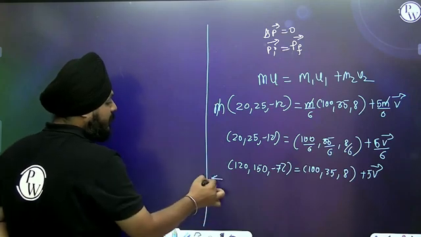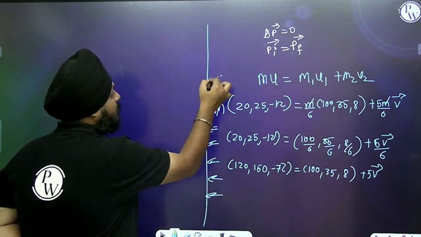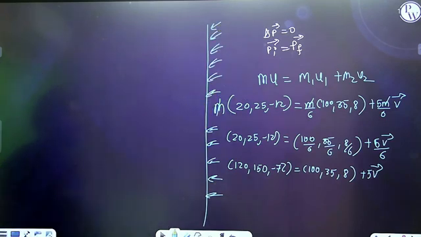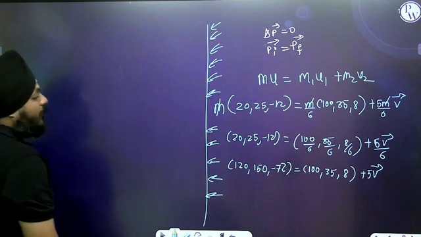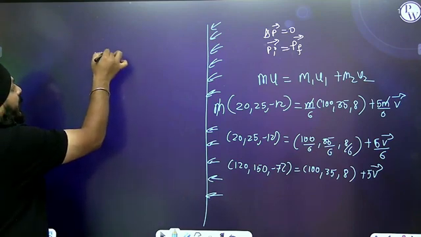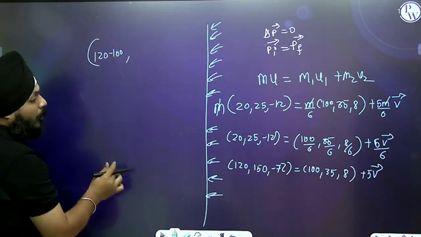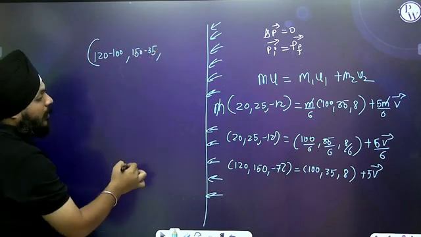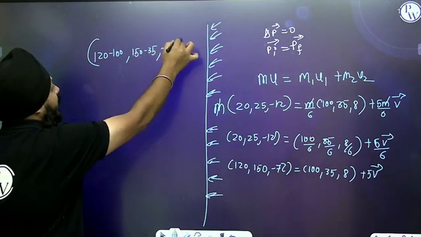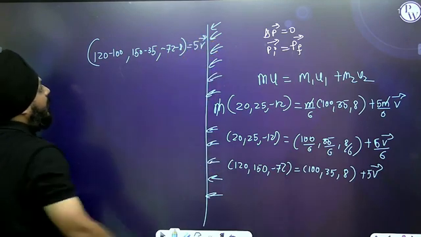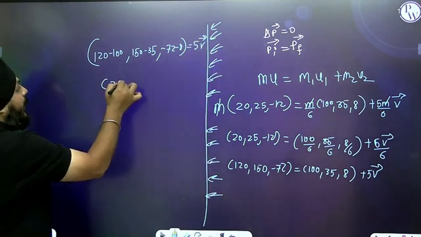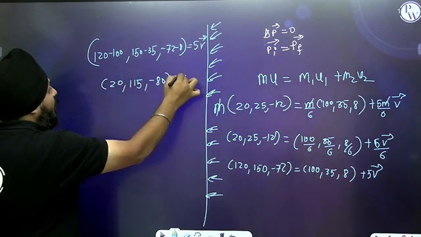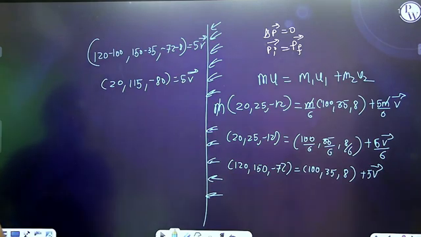Solving this: 120 minus 100, 150 minus 35, minus 72 minus 8 is equal to 5 into velocity vector v. So that is 20, 115, minus 80 equal to 5 into velocity vector v.